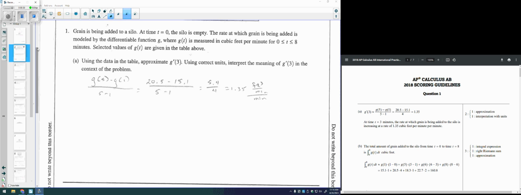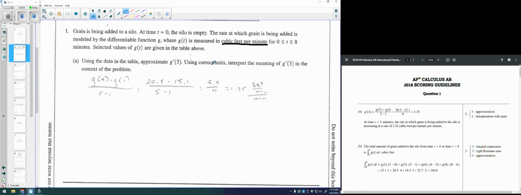As I read this first problem, some of the things we want to make sure we notice is our units. If you want to underline the units, that might be helpful. The G of T, our equation, is given in cubic feet per minute, so it's a rate of change. Super important to notice that.